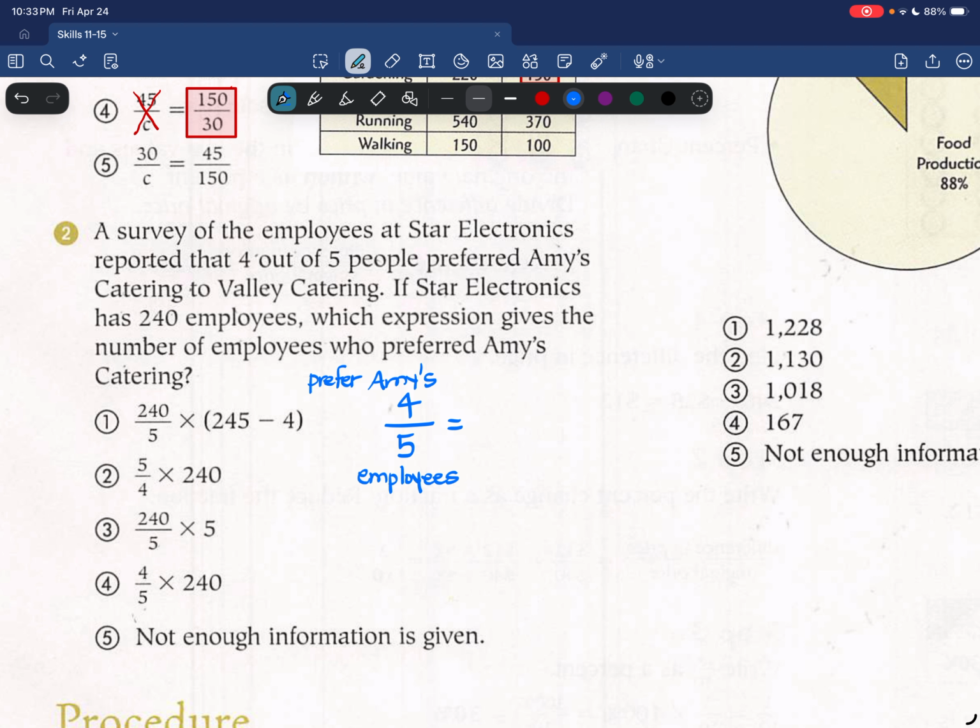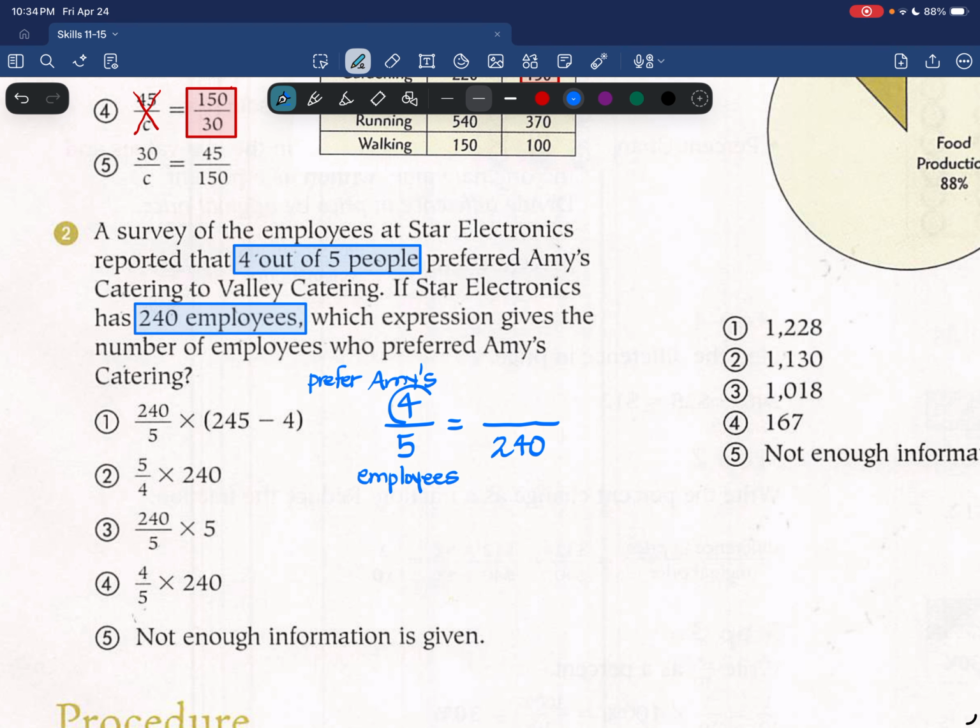So if there are 240 employees, and here's where I'm getting my numbers, 4 out of 5, and then 240, that's employees, so I'm going to put it on the bottom, and that leaves that empty space above the 240. But this one goes a step further. I don't have to solve it, but I have to start to solve it.